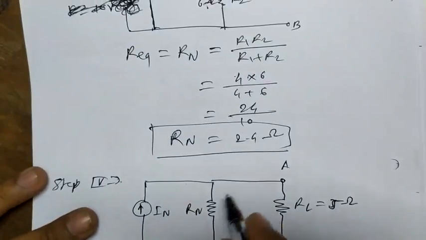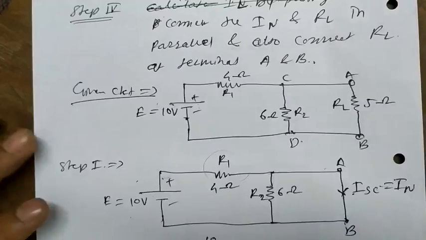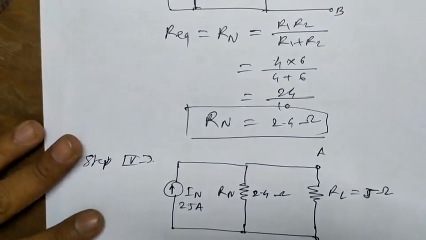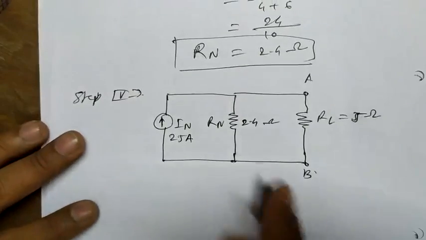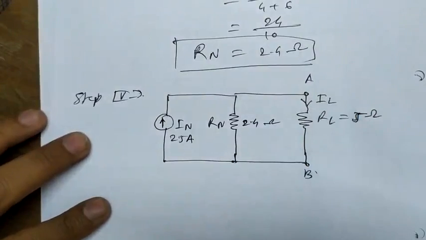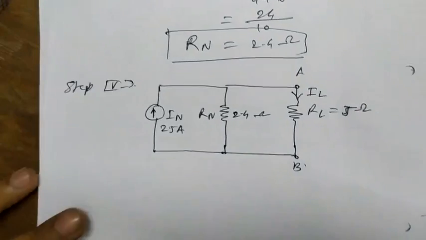Now here RN is 2.4 ohm and IN is 2.5 ampere. Now we have to find out the current flowing through this RL, that is IL, the load current. Now how to calculate the load current?